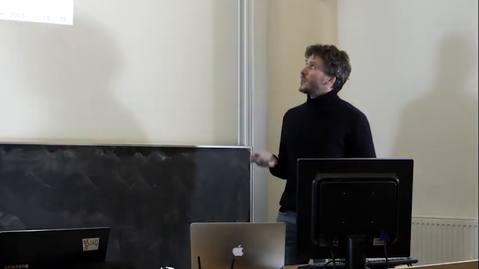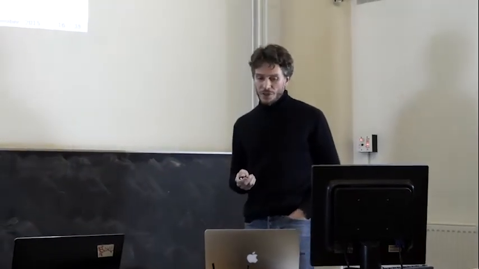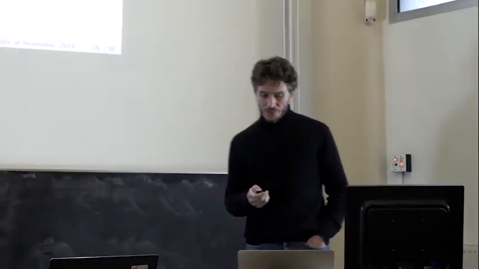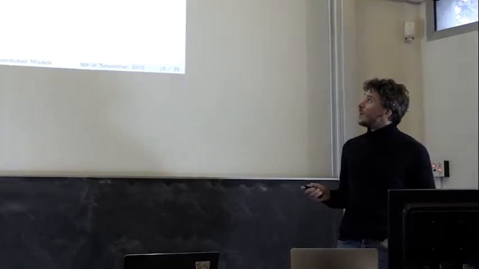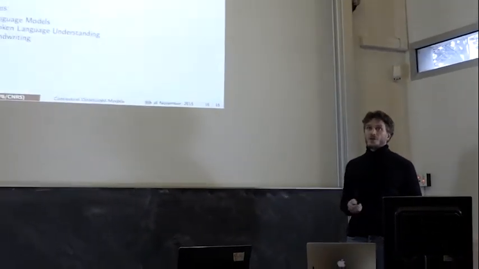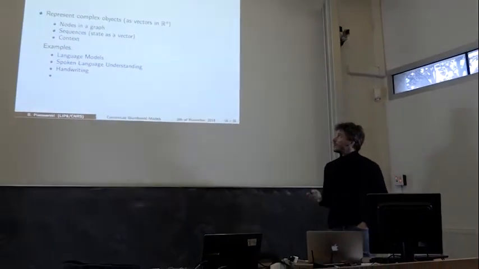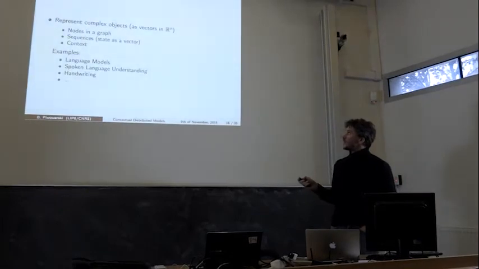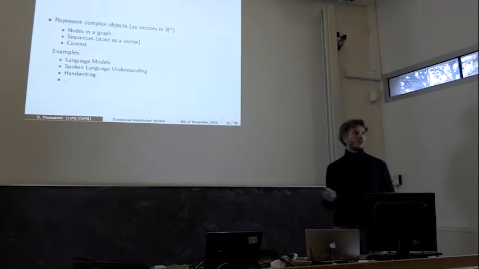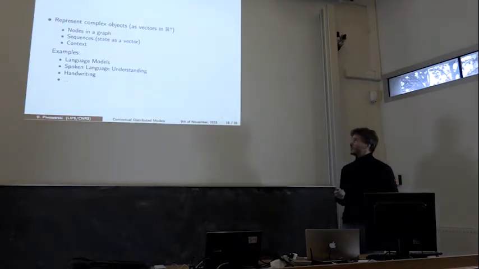I said this can be used to represent many different complex objects. For example, nodes in a graph. I'm working on this kind of projection: how to leverage the information about the connections between nodes in a graph in order to represent them.